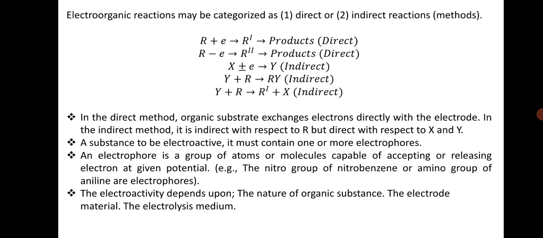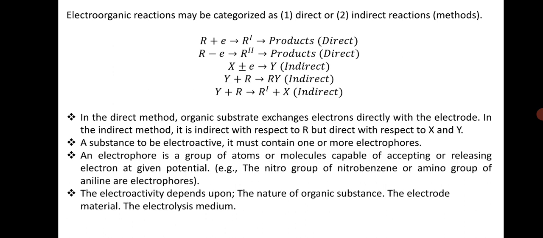Now, whenever you consider the electroorganic reaction, it may be of two types. It may be a direct electrochemical reaction, or it may be an indirect electrochemical reaction. In the direct reaction, the organic substrate exchanges electrons directly with the electrode, like R, which is a substrate, plus electron to form R dash, which is the product.